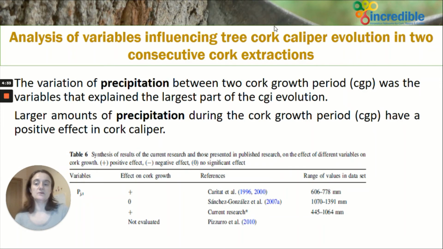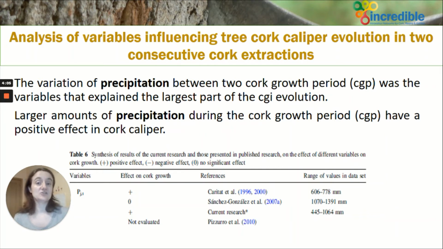So the first variables that we looked at were the climate variables. I'll be focusing here on the precipitation, and we saw that the precipitation from the year of growth was definitely affecting the evolution of the cork thickness.